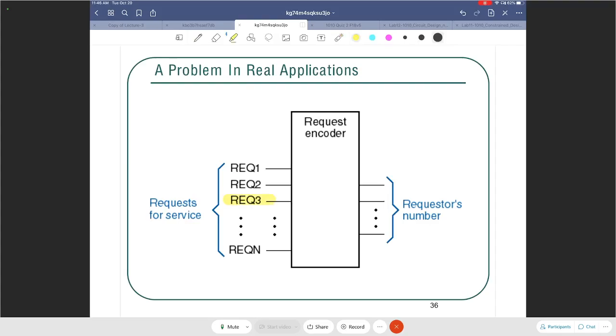He presses a button. What would happen? He would get a number, right? 011. Your number is 3. Probably not for the same reason, but the point here is that this can be used in real applications where you want to associate a number with different people asking for service.